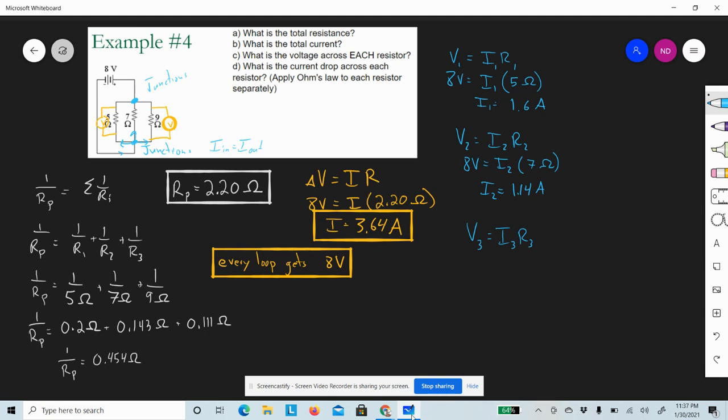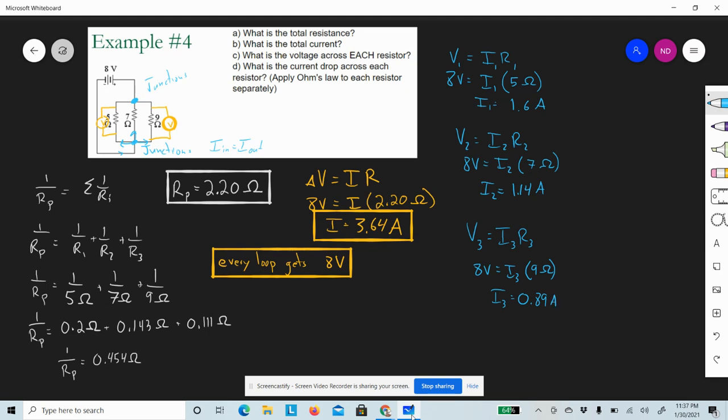And the third one is 8 volts equals some current through the 9 ohm resistor. 8 divided by 9, 0.89 amps.